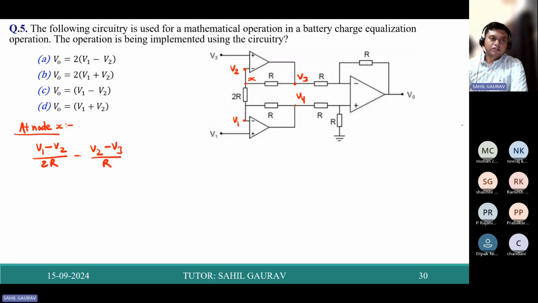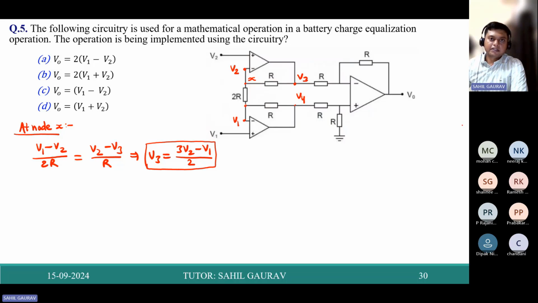If you solve, then V3 equals (3V2 minus V1) upon 2. So we got this V3 voltage in terms of V1 and V2.